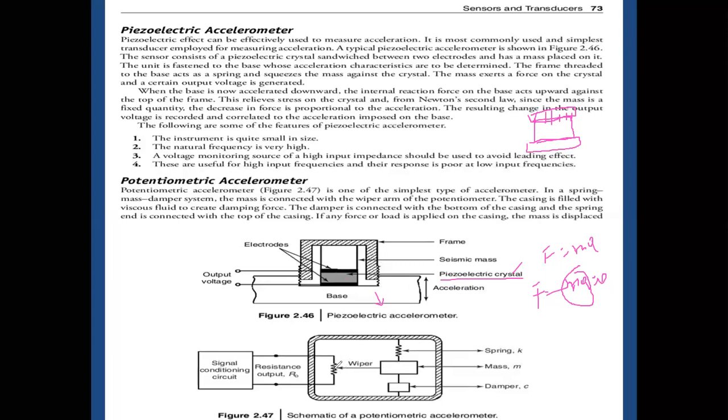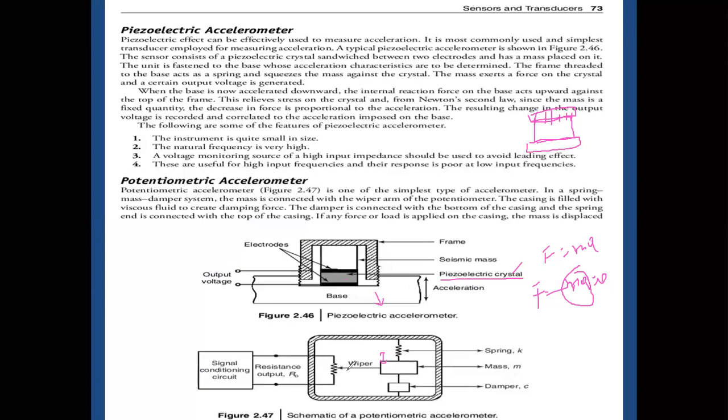This movement of the mass is recorded by a resistance here. A wiper is connected from the mass to the variable resistance. The amount of displacement observed by the workpiece is transferred to the resistor through the wiper.